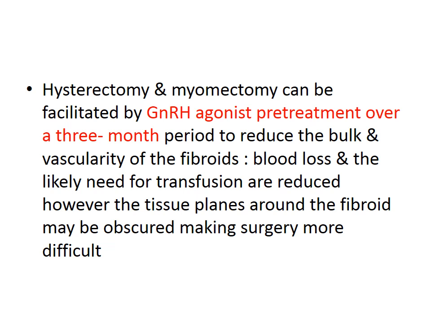Hysterectomy and myomectomy can be facilitated by GnRH agonist pre-treatment over a 3 month interval. Why? Because this treatment, as I said, will lead to shrinkage of the fibroid size, reducing its blood flow as well, therefore minimizing the risk of blood loss intra-op and the likelihood of the need for blood transfusion.